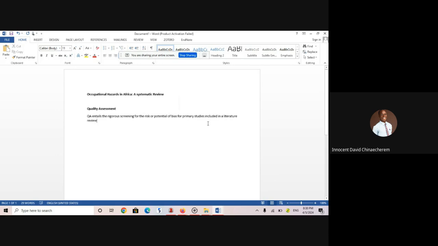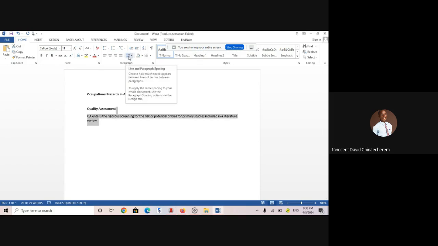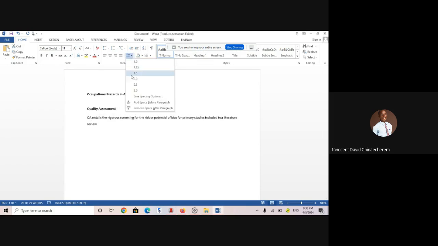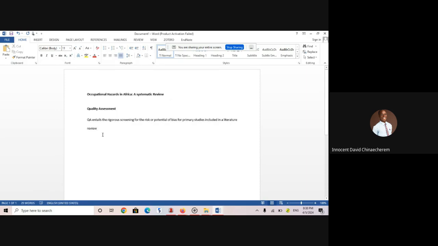So you can conduct your quality assessment even in a literature review. Particularly if you're familiar with nursing practice. Nursing practice is not called a systematic review, it can be a literature review. And the word systematic review shouldn't be mentioned, it should be literature review. So in a literature review or review of literature.